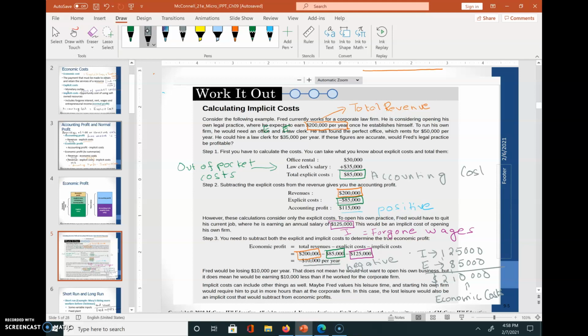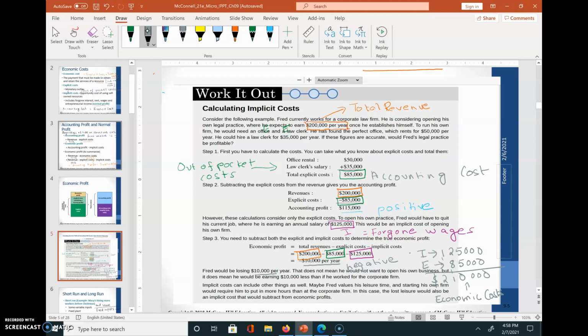So the accounting cost is only the explicit cost and the economic cost is both explicit and implicit. Now, if Fred opens up this firm, he would lose $10,000 per year. So my advice to him is just stick to your own job and do not open up your own firm.